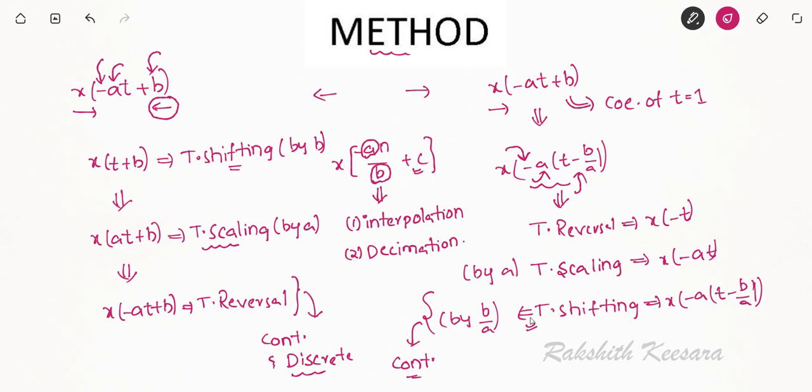What I am telling is, if I need to plot x of minus an by b plus c, we should follow the method from right to left. That is, first we should plot x of n plus c, which is time shifting. After this, you should perform interpolation first, that is n by b plus c.